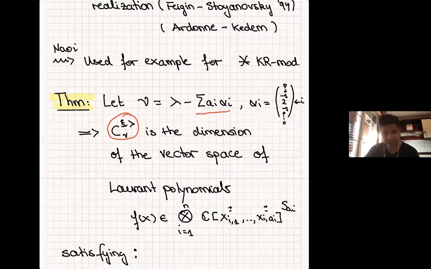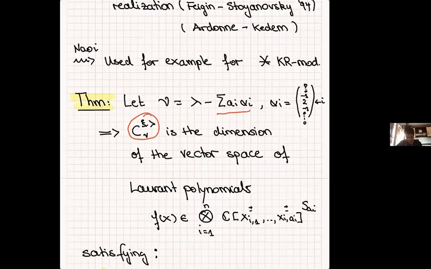It's the dimension of the vector space of certain Laurent polynomials. You allow as many variables as the coefficients of the simple roots, so this a_i is exactly the a_i over here. You want these polynomials to be symmetric, so the symmetric group acts in an obvious way on the variables. These Laurent polynomials are contained here, and then you take the tensor product.